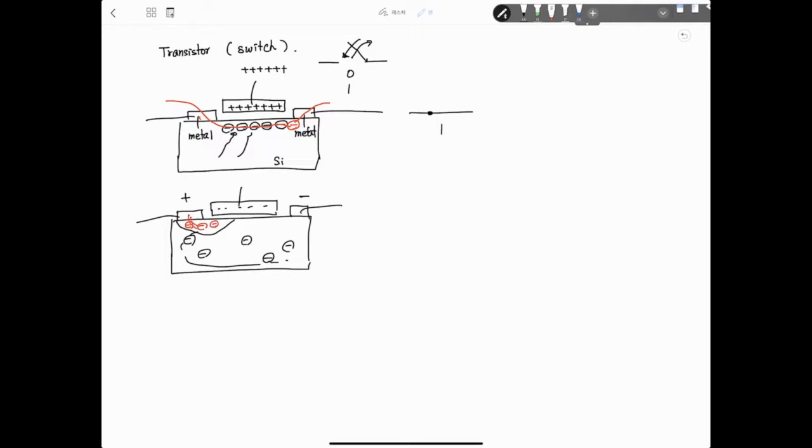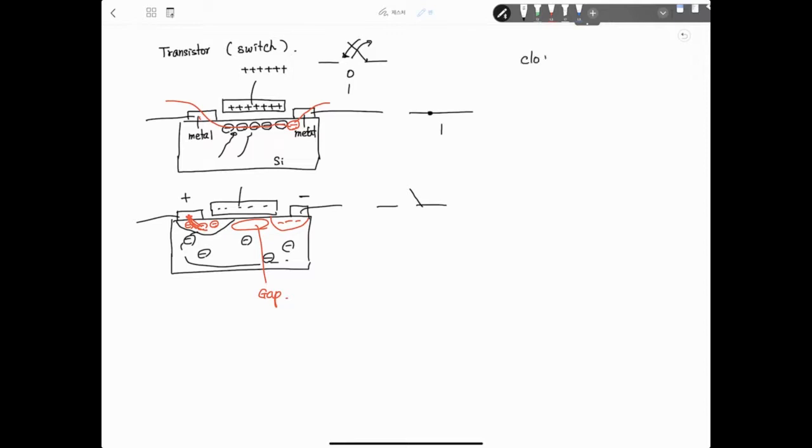Minus is trying to go in that place and this place, and here there is minus, but there is a gap between here. So the electron cannot move across this gap, so this is like an open circuit.